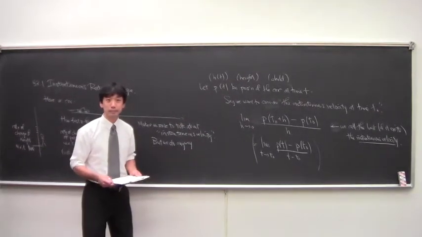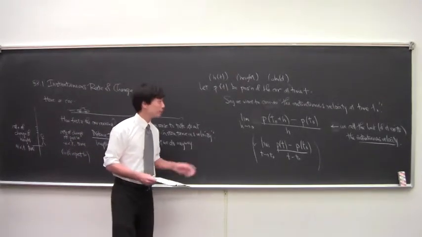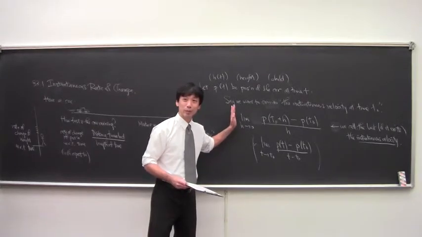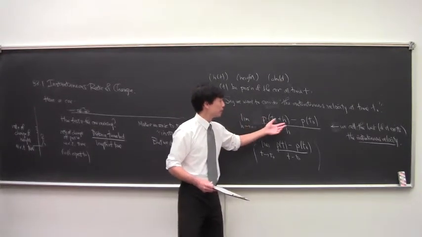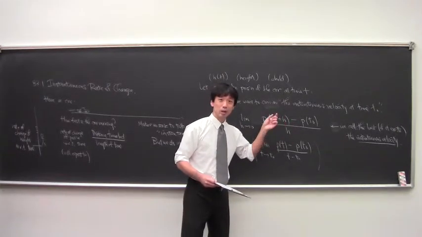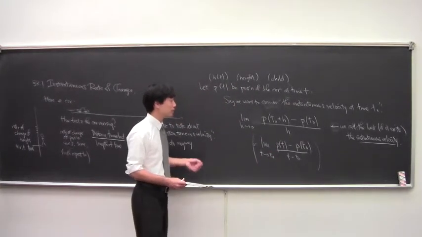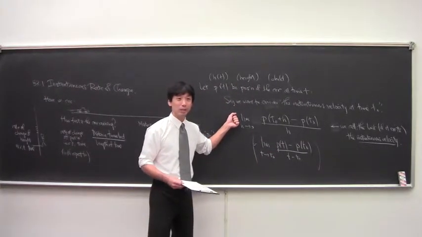Are there other questions? Even if it doesn't exist, we're going to make up something and call it that. It'll be the limit of the change in position over the change in time as the time interval becomes arbitrarily small. That's as good as one can get to something which doesn't exist.